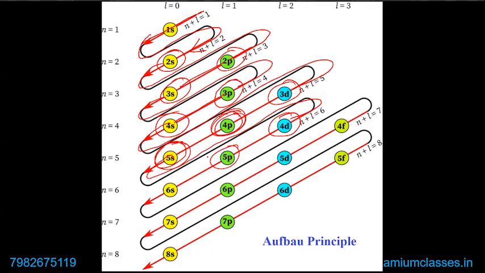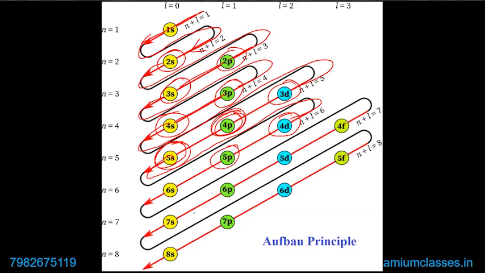With practice, you don't even need to look at this diagram. You will memorize the electronic configuration up to here, at least to 7s. It is very easy when we do the questions.